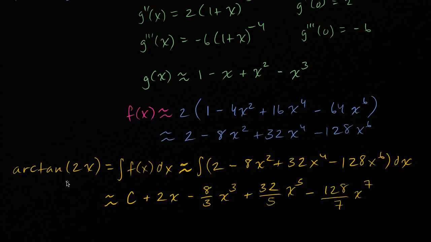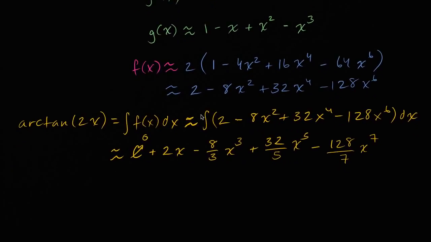We're centering at 0, so our approximation evaluated at 0 better be the same thing as the function evaluated at 0. Well, arctangent of 2 times 0 is just going to be 0. And so when you evaluate this at 0, c must be equal to 0 if we want this thing to be 0 when x is equal to 0.